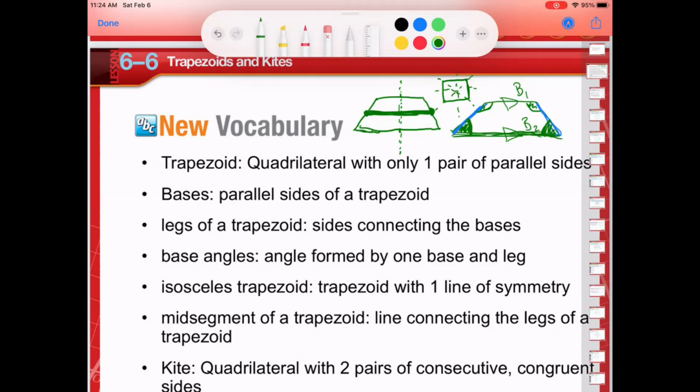So a kite would look like this, where we have two sets of congruent sides, but they are not congruent to each other. Your congruent sides have to be adjacent, so they have to touch each other at the vertex, kind of on top and on bottom. So that is what a kite would look like.